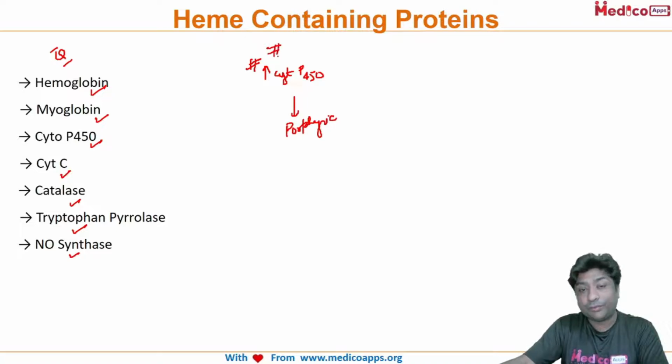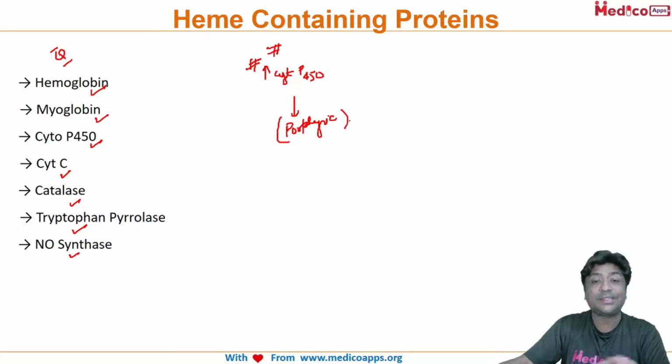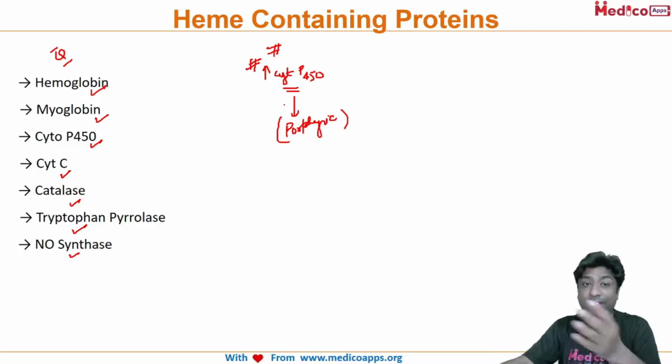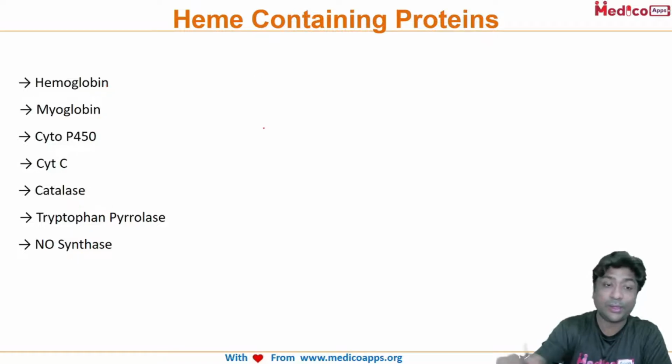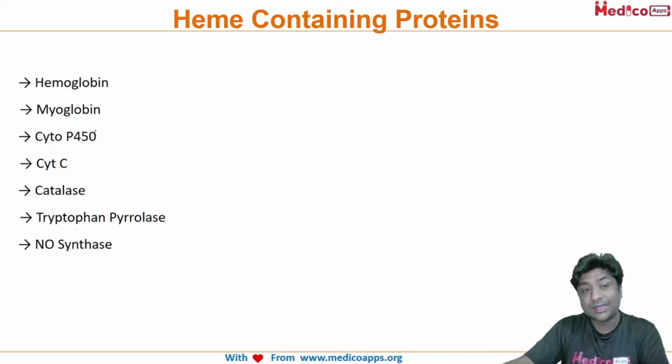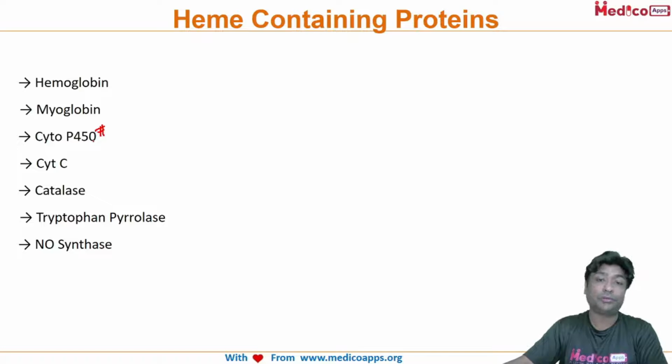Whenever cytochrome P450 is induced, there will be more production of heme, and if any enzyme is deficient in the heme formation pathway, this will lead to the precipitation of porphyria. Very important point. Anything which induces cytochrome P450 in a porphyria patient will lead to the precipitation of porphyria. So most of these porphyria patients will come with a history of drinking alcohol. Immediately after drinking alcohol, they will start having symptoms.